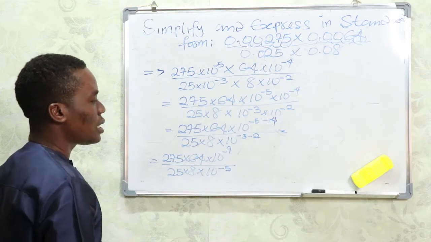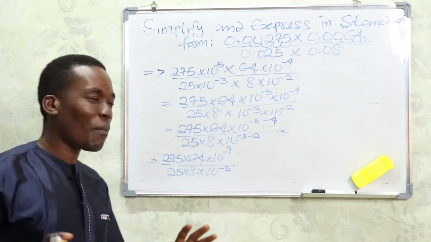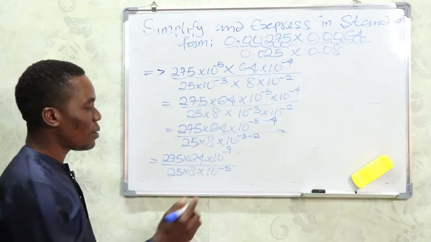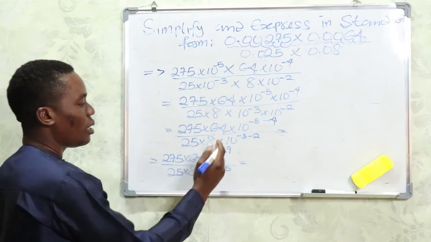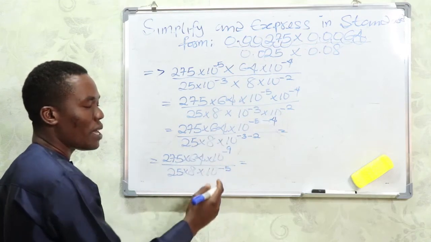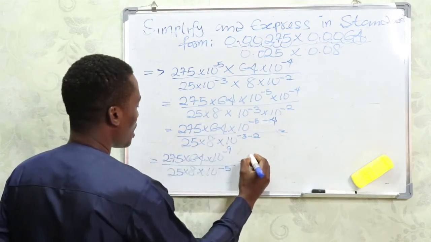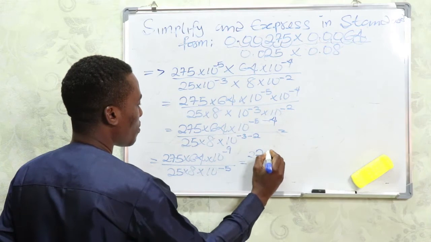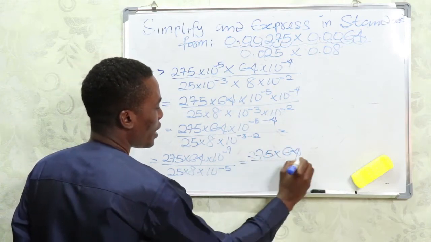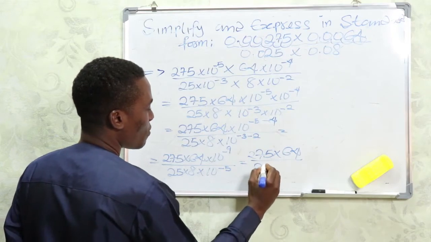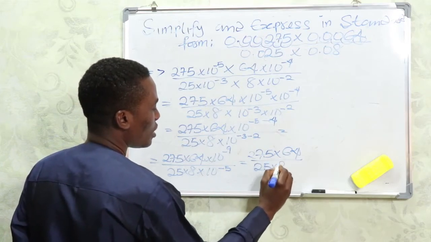Now we want to break this down so that we can easily simplify. So let's separate the values in base 10 from the main values. That will now give us 275 times 64 divided by 25 times 8.